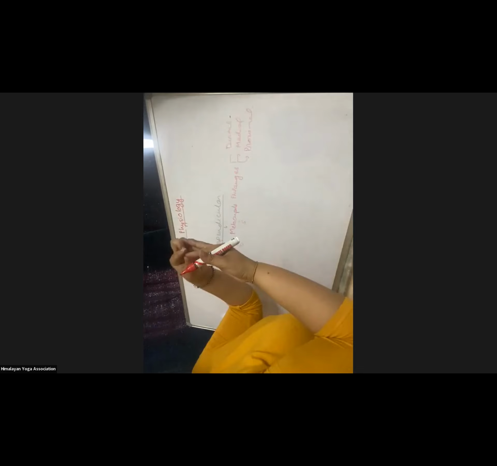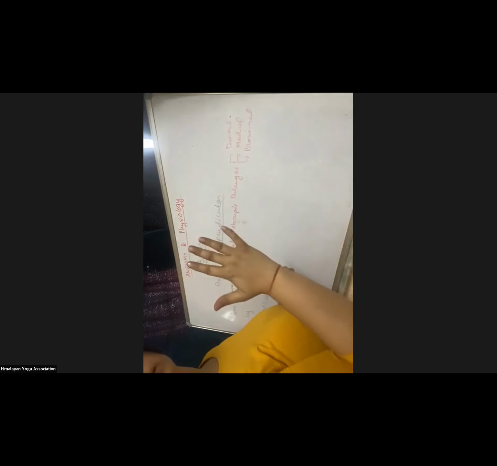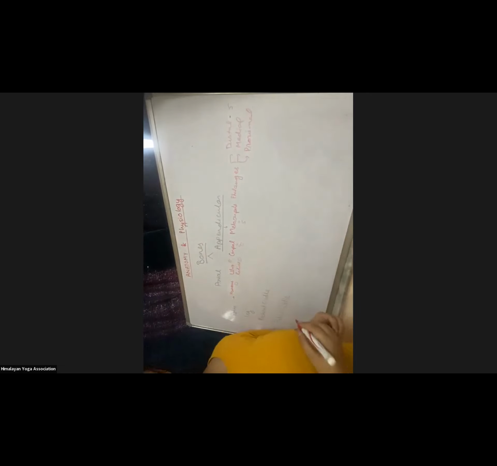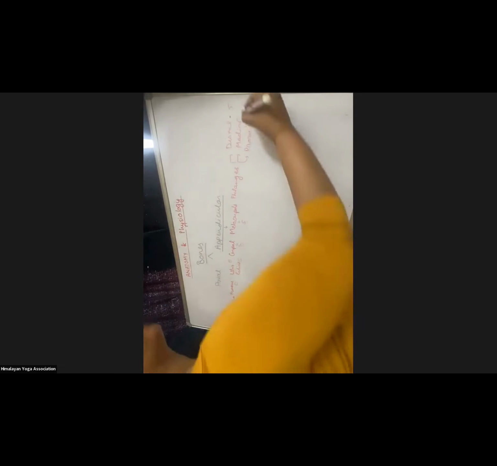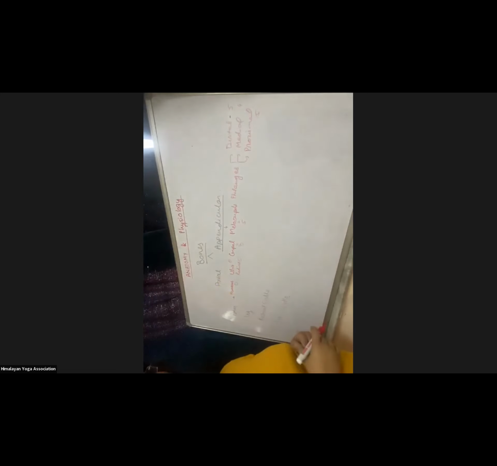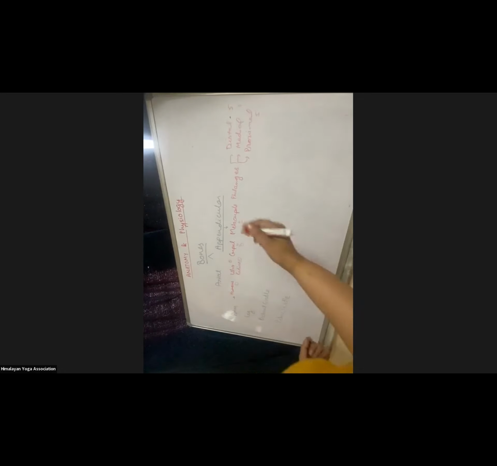How many distal do we have? We have 5. How many proximal do we have? Also 5. And medial? 4. Why? Because the thumb doesn't have medial phalange. Now bones of the leg.